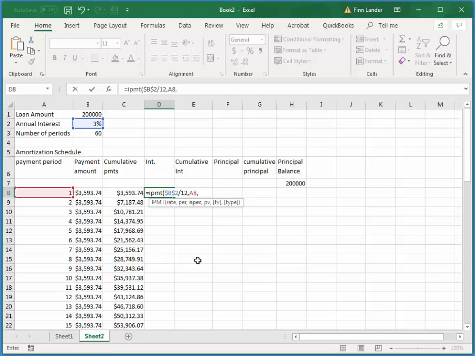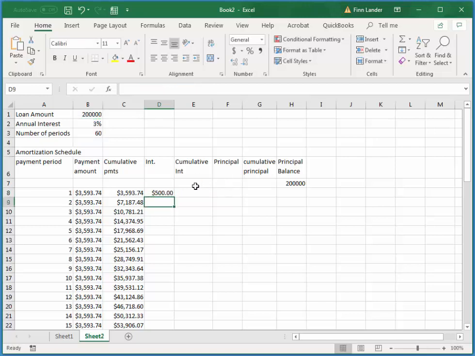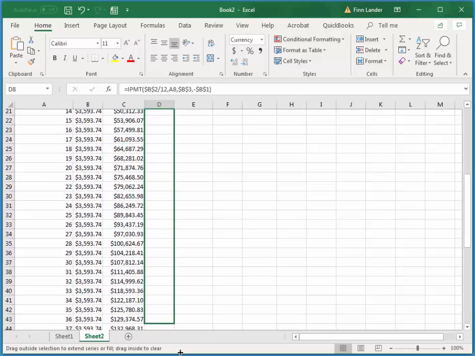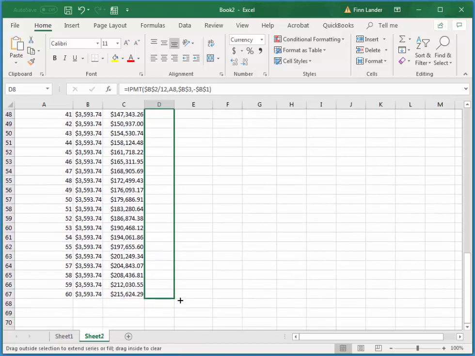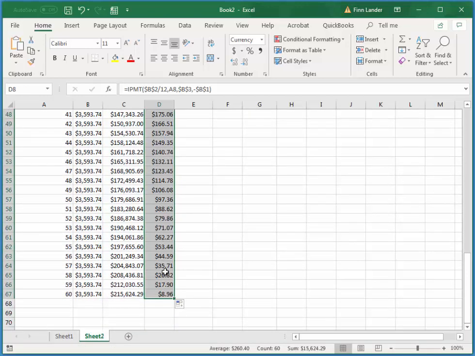Number of periods will be that, and again, that's absolute referenced. And then present value, again, negative because it's a loan, and that amount, again, absolute reference. So of that first payment, $500 is interest. And you see, of course, as we pay it, it drops to darn near zero.